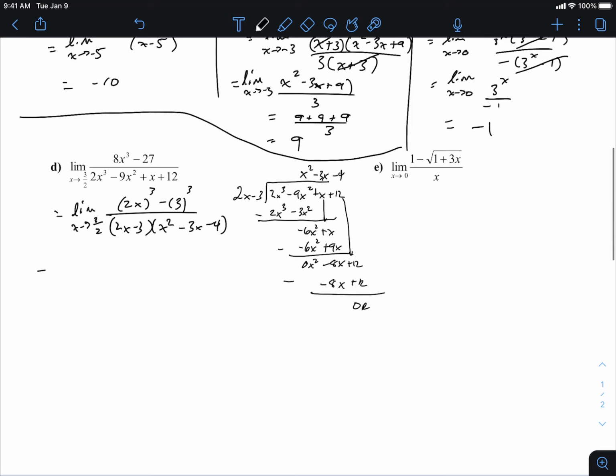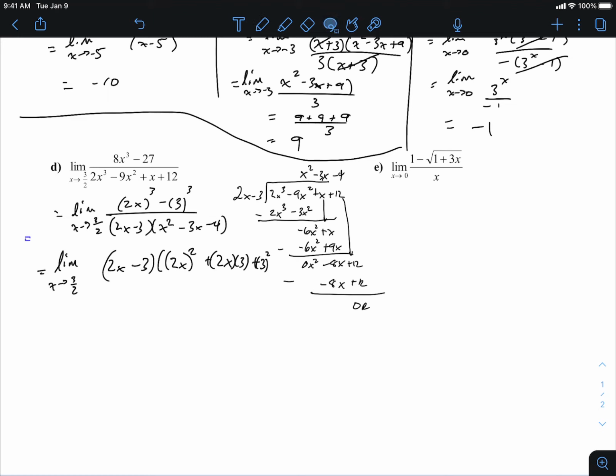We're going to see that if I were to go limit, we're going to see 2x minus 3. I can remove that. And what's left for a difference of cubes? Well, you're going to see that that is 2x squared plus 2x times 3 plus 3 squared.